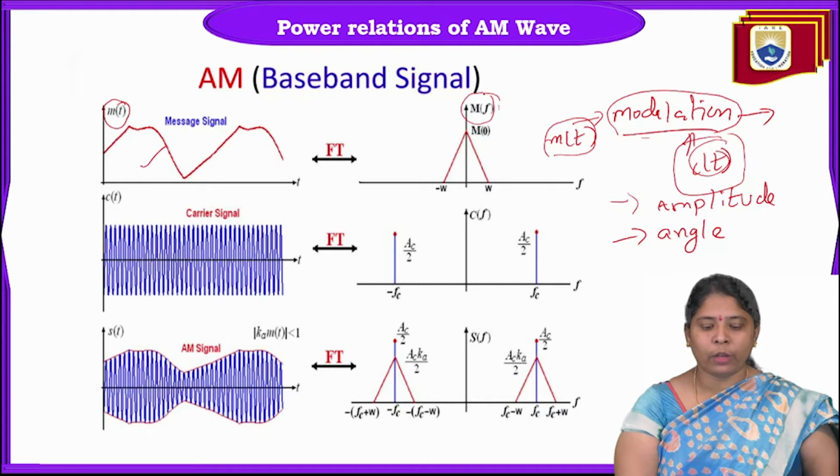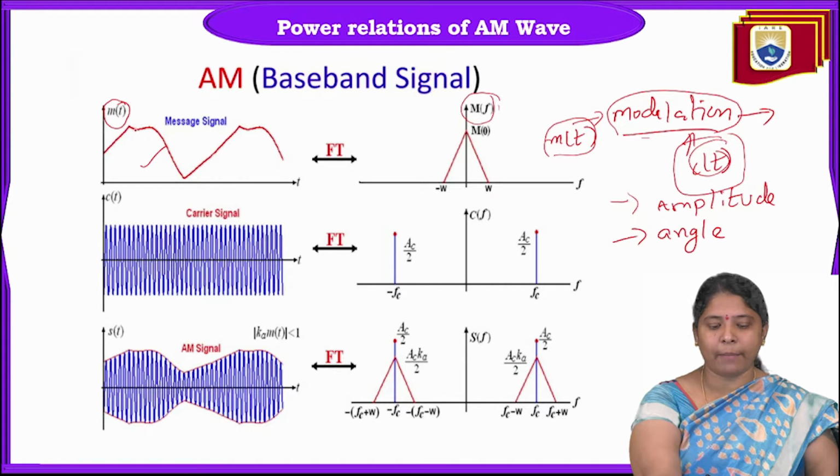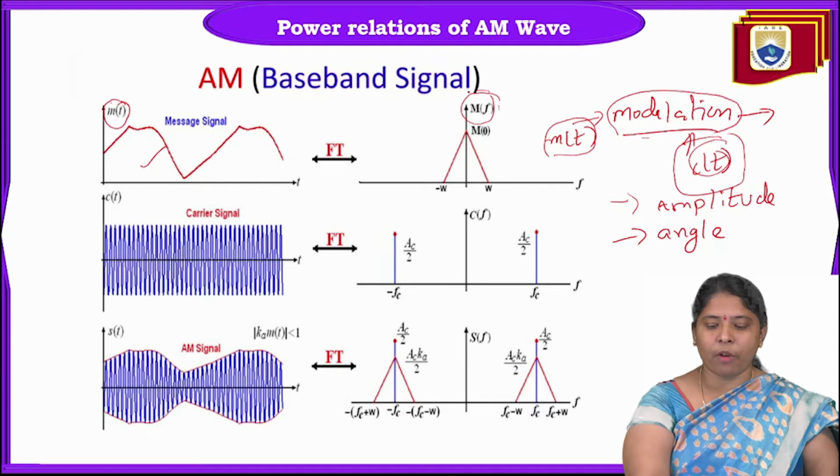We analyze signals in both time domain and frequency domain. The message m(t) is an arbitrary shaped waveform, and its spectrum is M(f). The message in time domain is converted into frequency domain by using the Fourier transform.